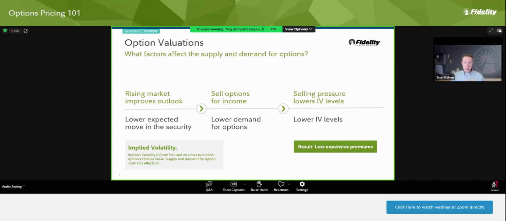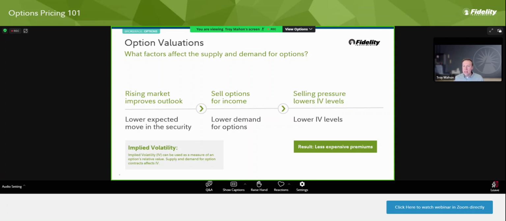Perhaps we could also sell to open if we're doing a different strategy, like a covered call, or a cash secured put sale. And often when people net sell options, they're selling it for income. They're receiving the proceeds of the contract with the expectation I'm likely not going to have to be assigned or obligated to perform my duty, or if I am, I'm okay with that.